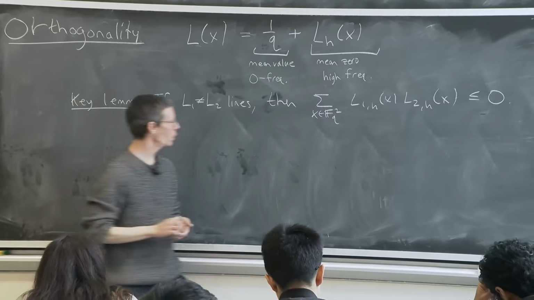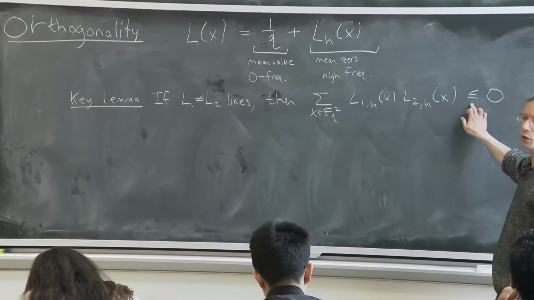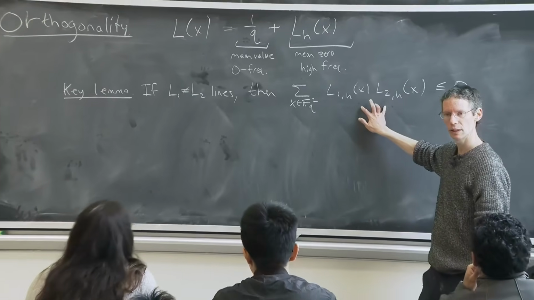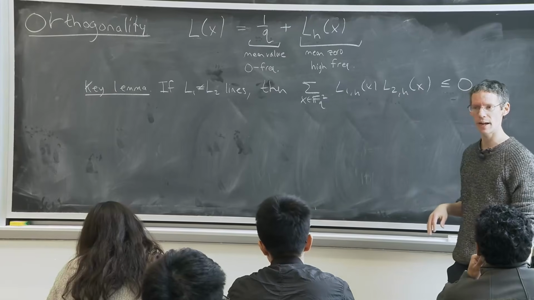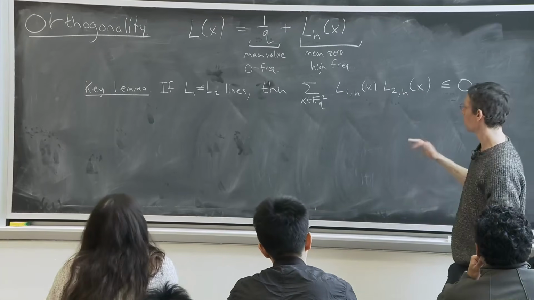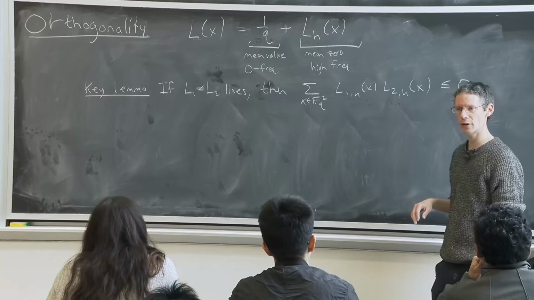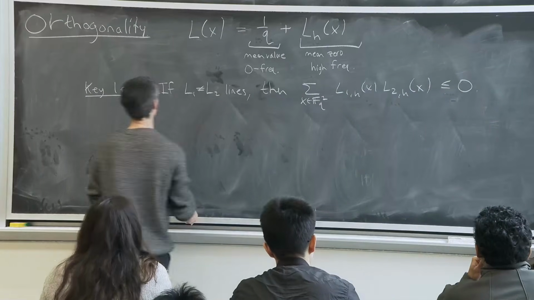When we prove this lemma in a little bit, we will see that it's almost always equal to 0. So these functions are almost always orthogonal. Once in a while, they're not orthogonal, but then it's negative. That part isn't that important anyway. So roughly speaking, these functions L1h and L2h are orthogonal.